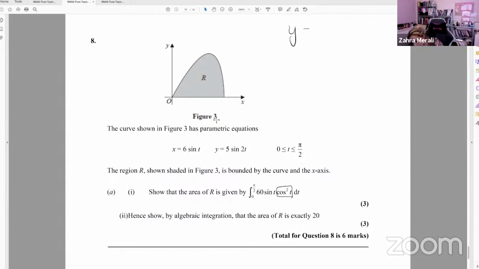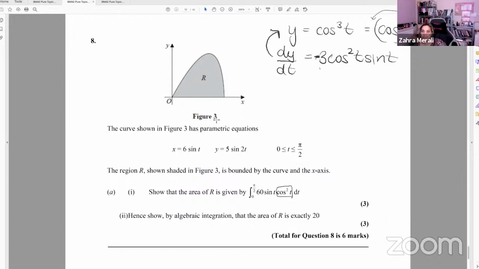So you've got y equals cos cubed t, and if I was to differentiate that, what would I get? Now remember, cos cubed t is just a fancy way of writing cos t all cubed. You'd bring the 3 down, take 1 away from the power, differentiate the bracket, which would give you minus sine t. So if I was to integrate this, I would go back to that.